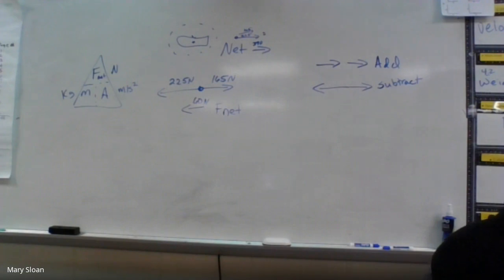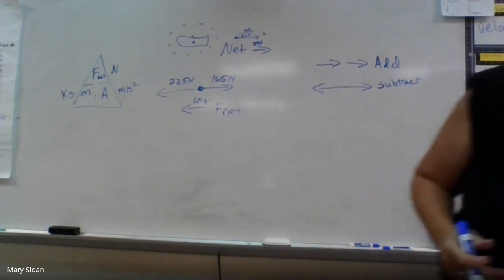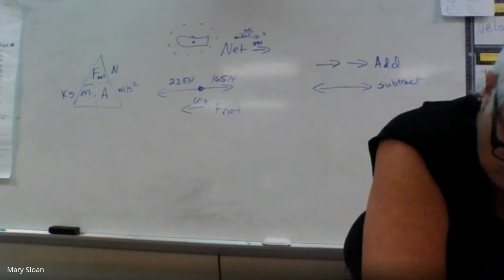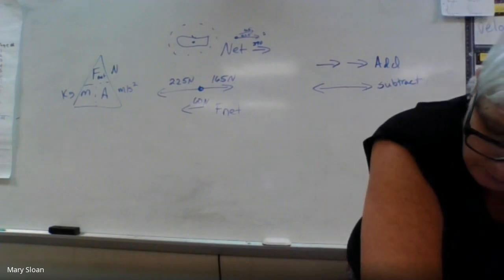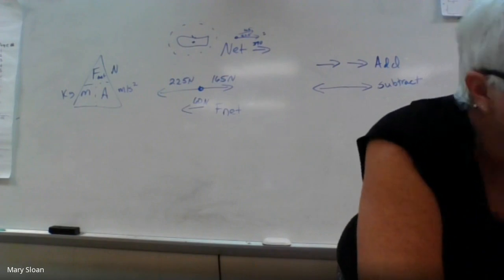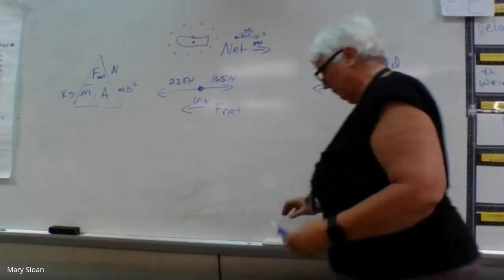Are you ready? If we look at our sample problems, we're going to do question number 9. Question number 9 says a spring scale is used to exert a net force of 27 newtons on a cart. The cart's mass is 0.64 kilograms. What is the cart's acceleration?